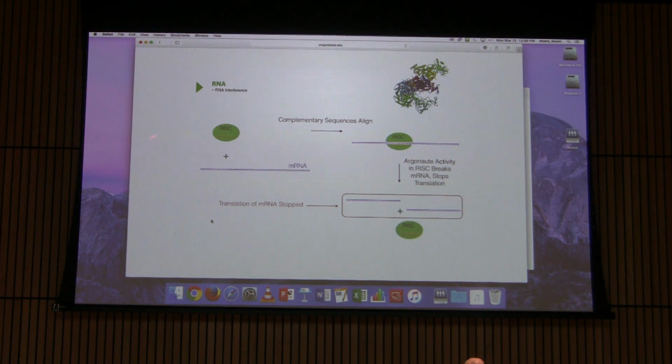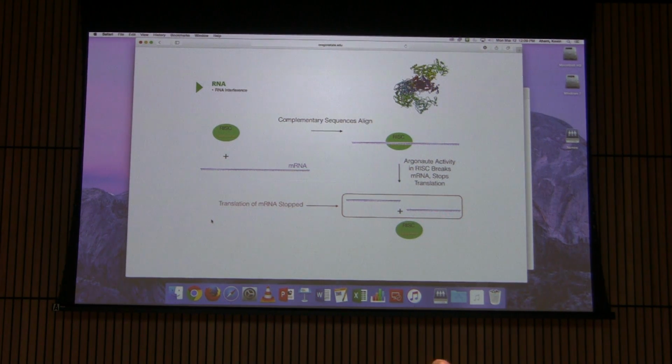We see what happens here is that this complementary sequence can pair, put together with the RISC complex, and the RISC complex has an enzymatic activity associated with it called argonaute. It's a great name, argonaute. Argonaute will cleave the RNA, breaking the messenger RNA into two pieces. Well, of course, when you've interrupted the message, you can't translate the thing, and you've knocked it out.